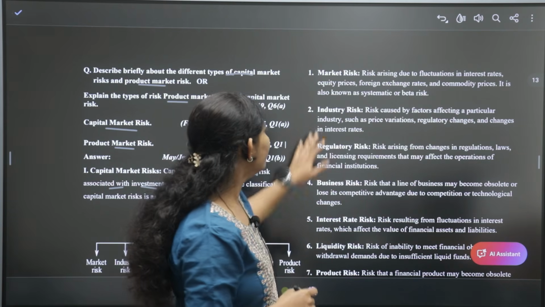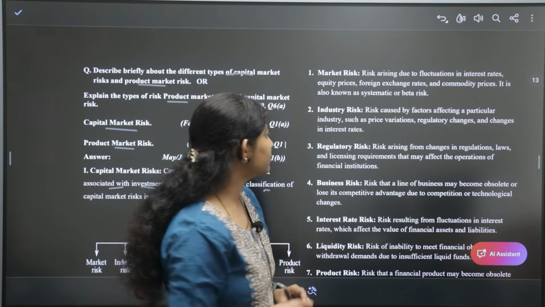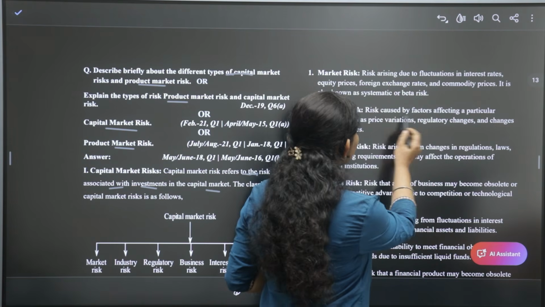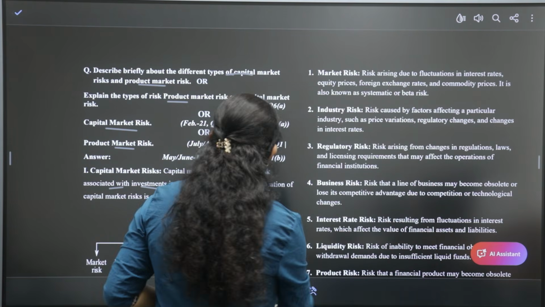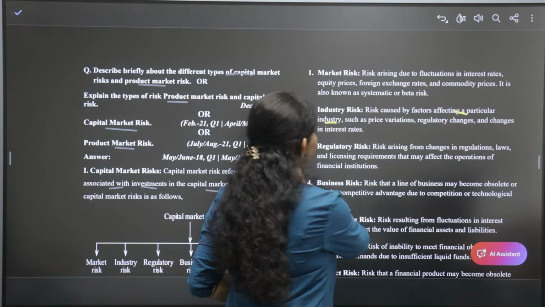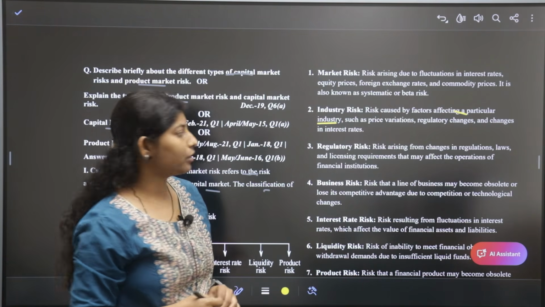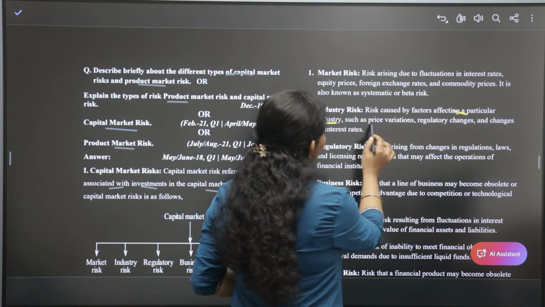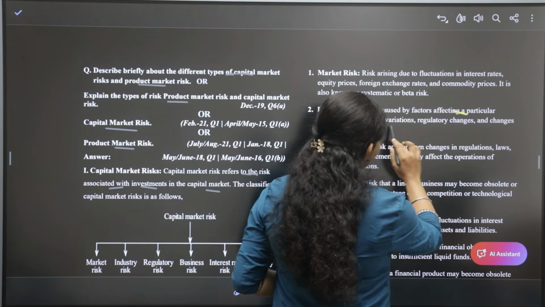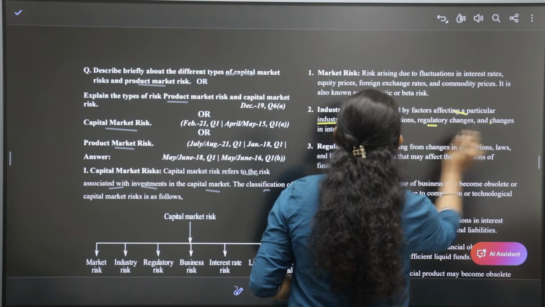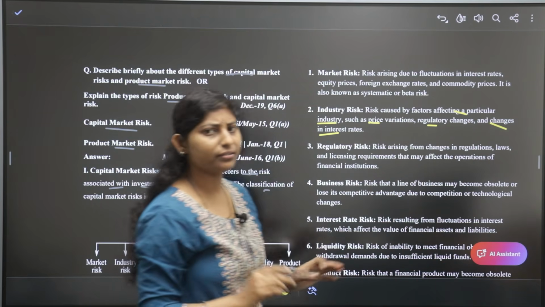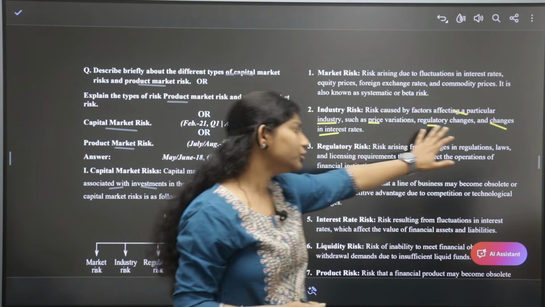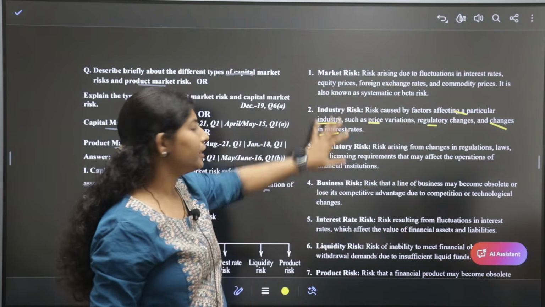Next we have industry risk. Industry risk is nothing but risk caused by factors affecting a particular industry. What are the factors? Such as price variations, regulatory changes and changes in interest rates. If there are changes in such factors in an industry, we say industry risk.